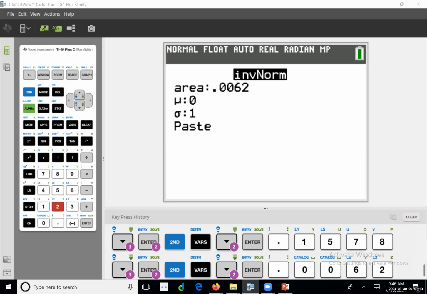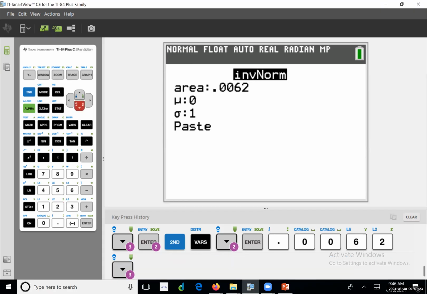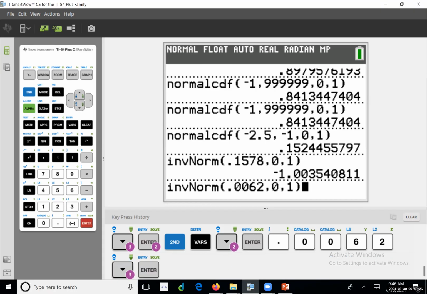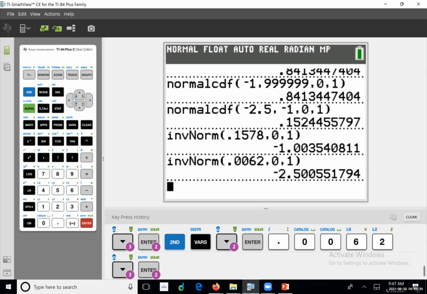Okay, 0 and then 1. If your calculator doesn't have the area prompt, then you would say area, comma, mu, comma, sigma. So that would be 0.0062, comma, 0, comma, 1. And that gives -2.5.